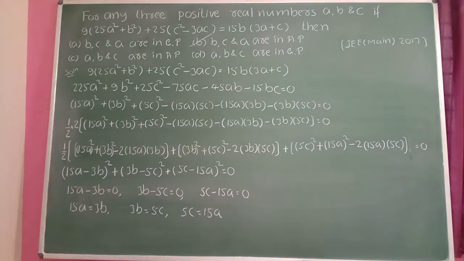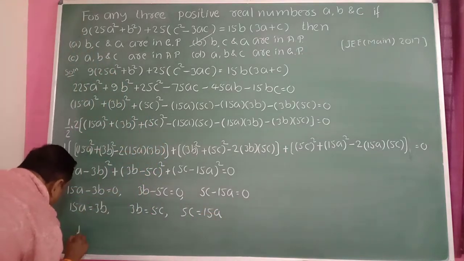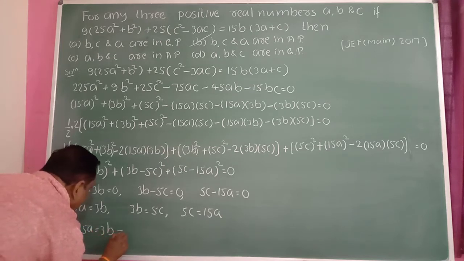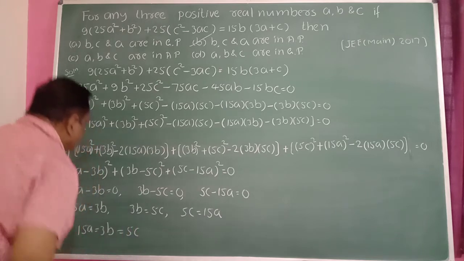Therefore, from these results we can write 15a = 3b = 5c.